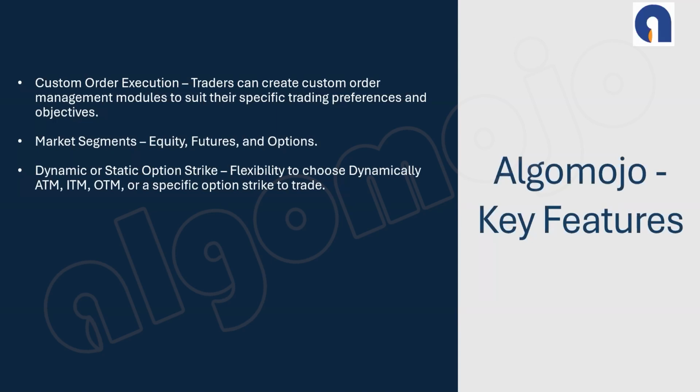For example, in TradingView, we will look at how to use a trend line as a tool to place orders. When there's a breakout or a breakdown of a trend line, the order can be placed in your account. However, in Algomojo we don't have a charting platform. We depend on a charting tool like TradingView or Amibroker to run your studies, and from there you can generate the signals, which can be automated.